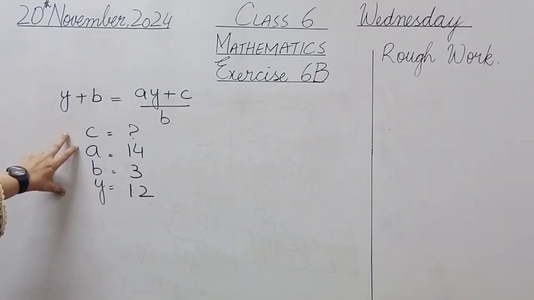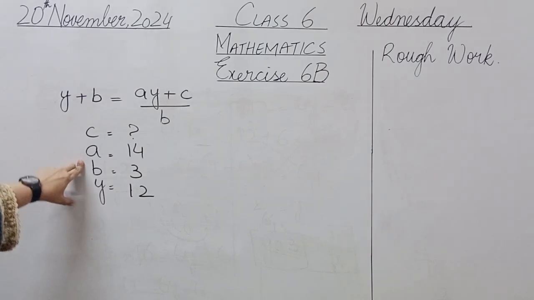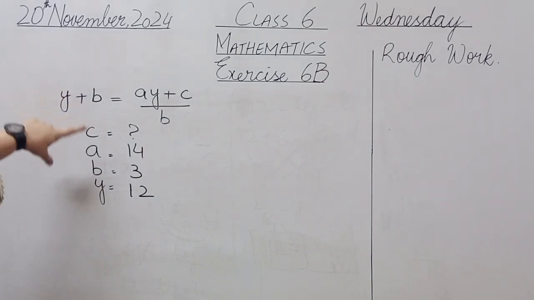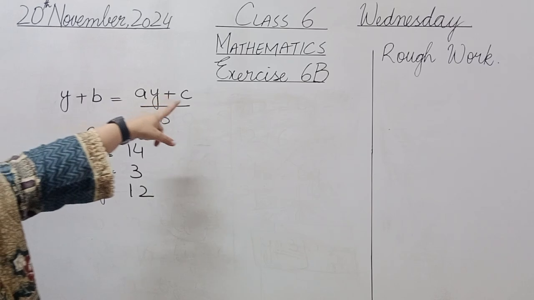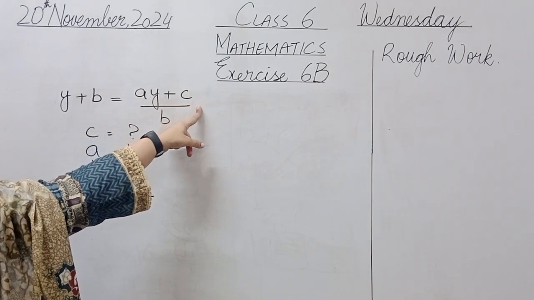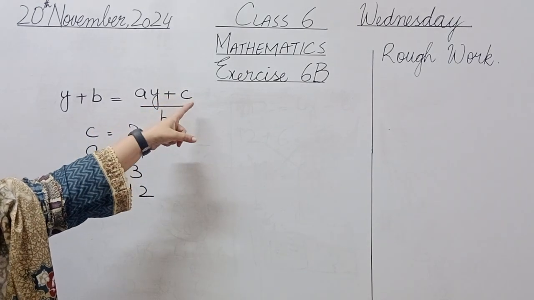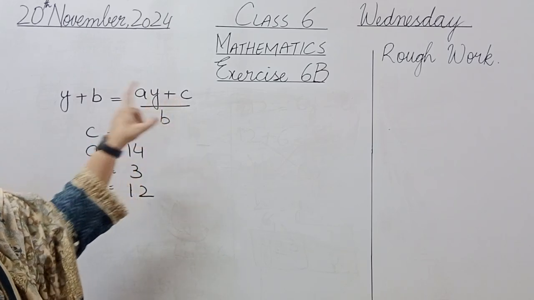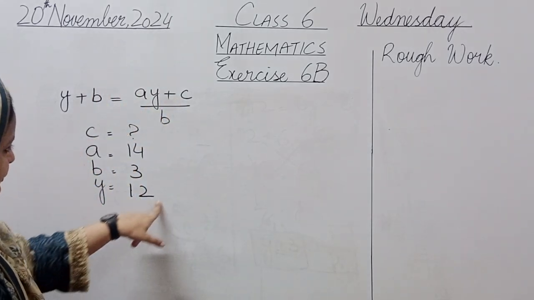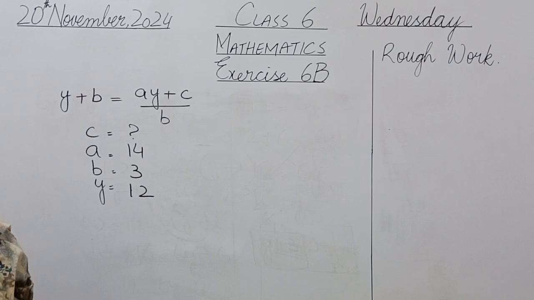This is how we will find out the value of c here. Now c has gone right to the end, hiding. We have to find out the value of c by using the values of a, b, and y.